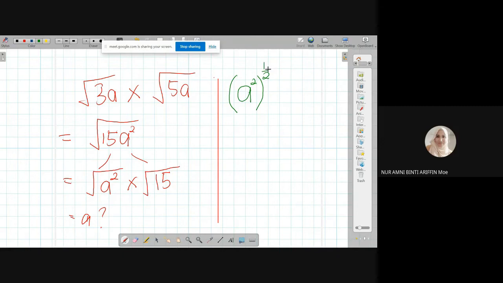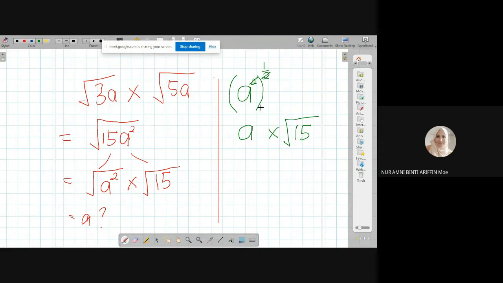Right? This is in the index form. Can you see? Understand? So this one, 2 times 1/2, you cancel, and then it will become A times 15 square root.